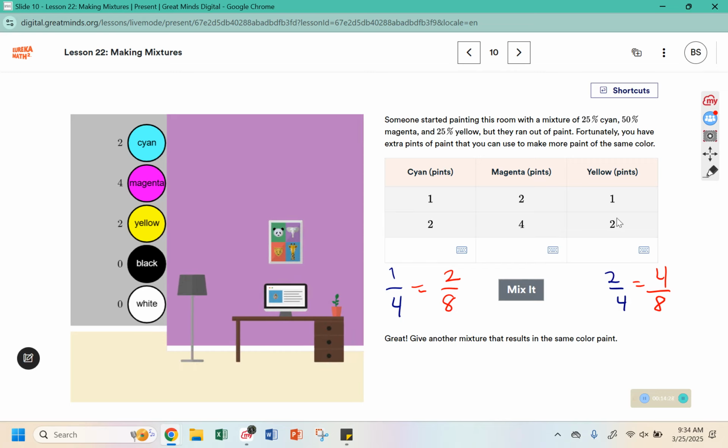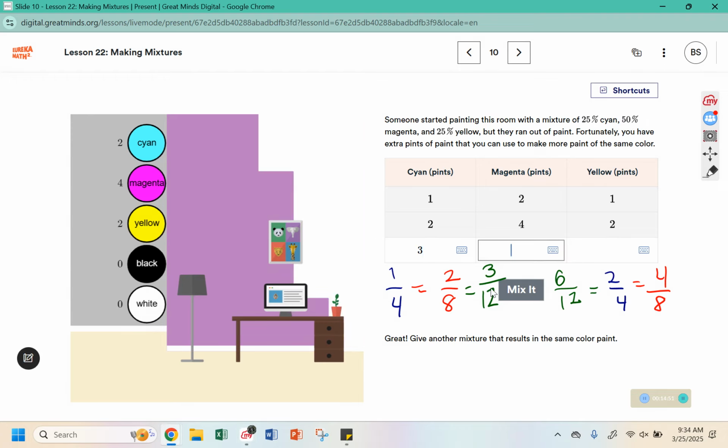And we can do another. If we times that by maybe 3, 1 times 3 is 3, 4 times 3 is 12. This one, 2 times 3 is 6, and 4 times 3 is 12. So we can put 3, 6 and 3.